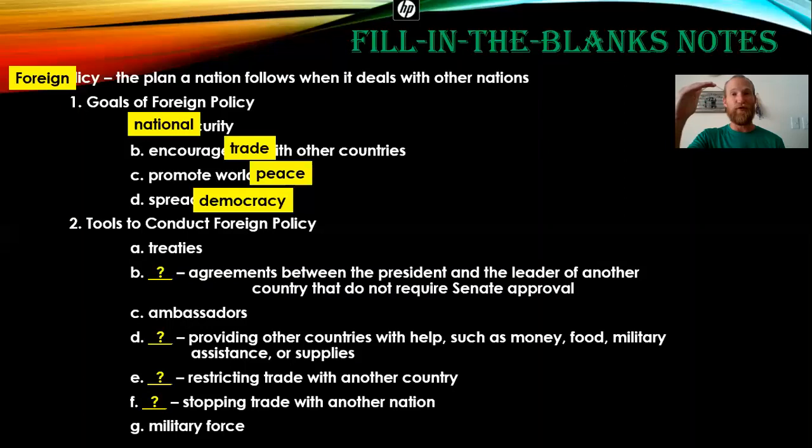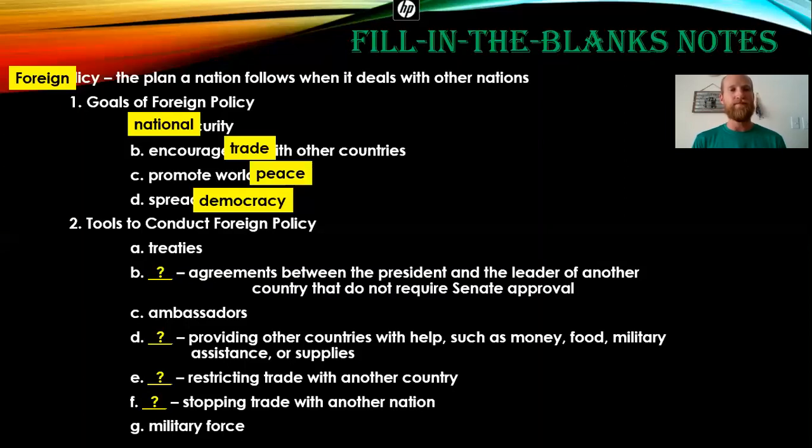Kind of like a first resort, A through D would be peaceful tools of conducting foreign policy. Then we get to the last resorts. E through G are kind of our last resorts if we cannot deal with foreign countries positively.